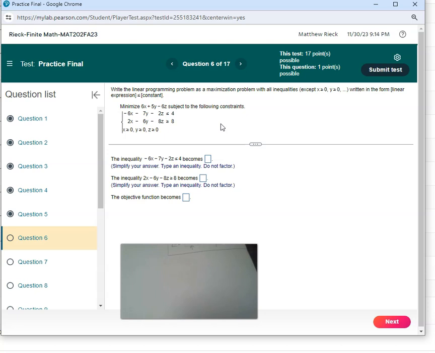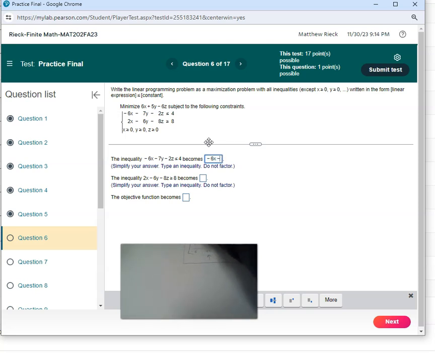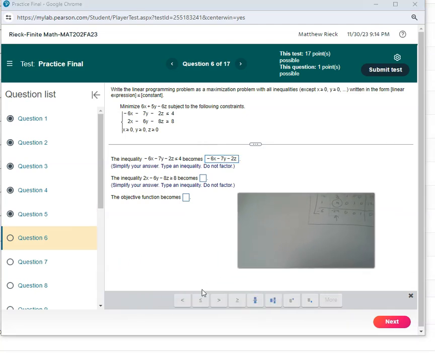It doesn't necessarily have to be positive. The first one is just fine, so we're going to leave that as it is. So we have negative 6x minus 7y minus 2z less than or equal to 4.